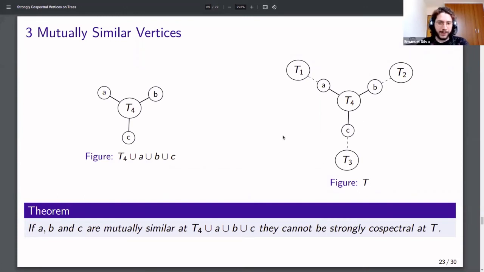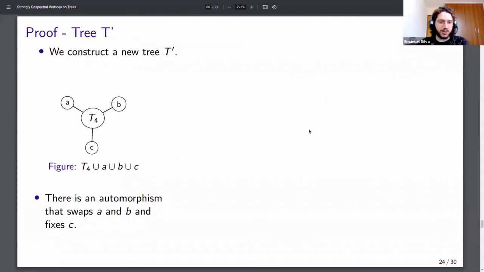And for this proof, to prove this theorem, I'm going to construct another tree, T prime, which is as follows. So this is our middle tree. We start with this tree again. So we know that if A, B, and C are similar at this middle tree, there is an automorphism that swaps two of them and fixes the other.